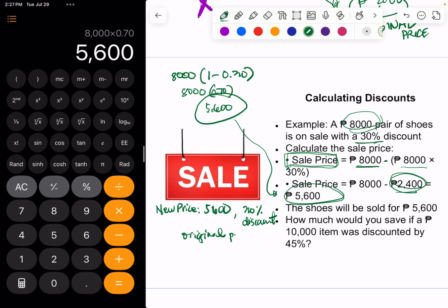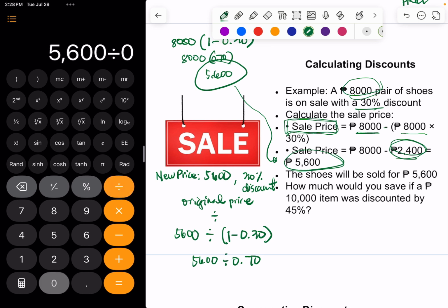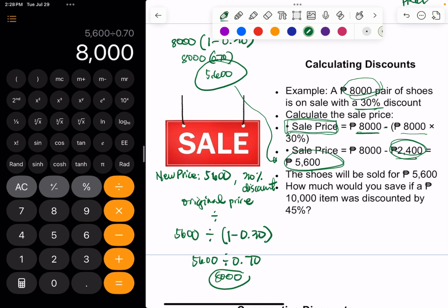Okay, that is correct. You use division. So mahitabo 5.6 divided by 1 minus 0.30. So 5.6 divided by 0.70. The answer is 8,000. So this is your original price.